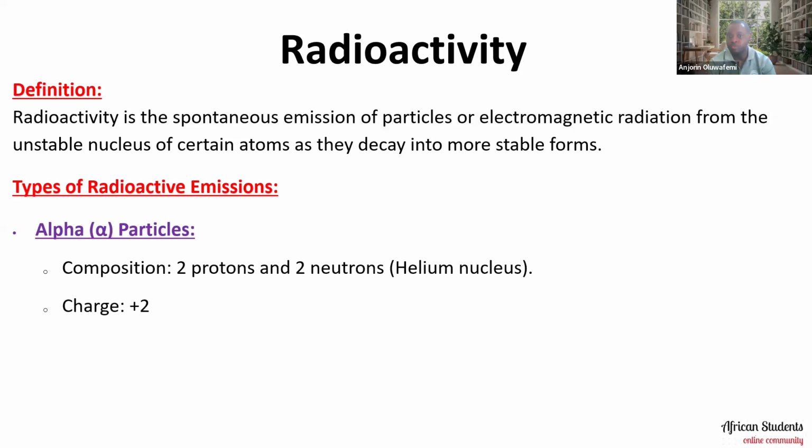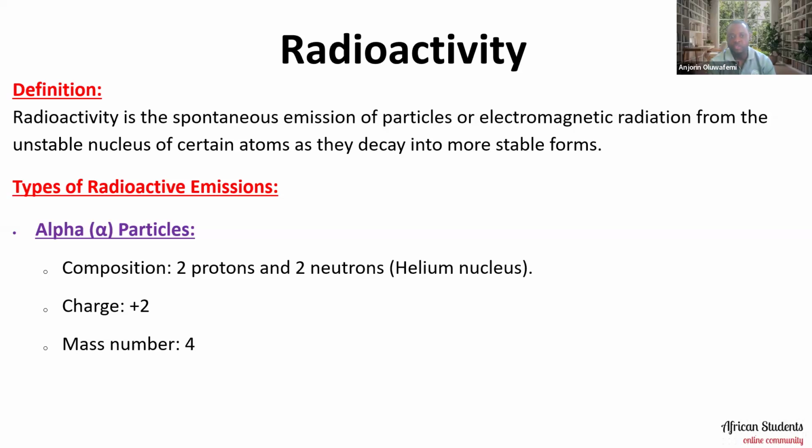It has a charge of +2. Alpha particles also have a mass number of 4, and that's why we characterize it with the helium nucleus. That's the 4,2 He symbol that we use in characterizing the alpha particle.